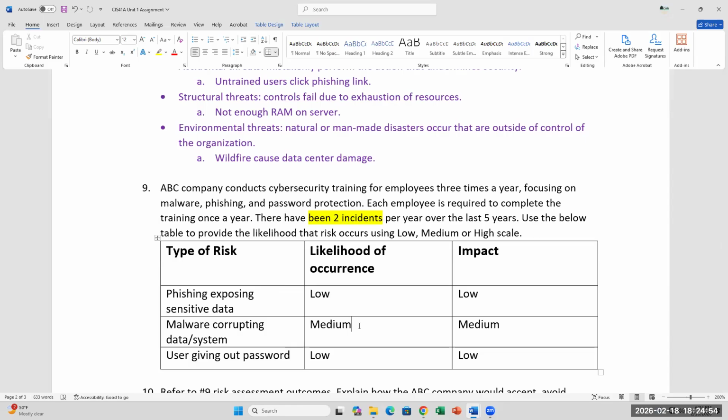Well, malware is directly impacting two areas of your CIA, and usually sometimes all three: C, I, and A. It could change your data, that's integrity, right? It could also make your data unavailable because it's corrupting, so that's A, right? And then confidentiality, it also would leak some information that should be private.